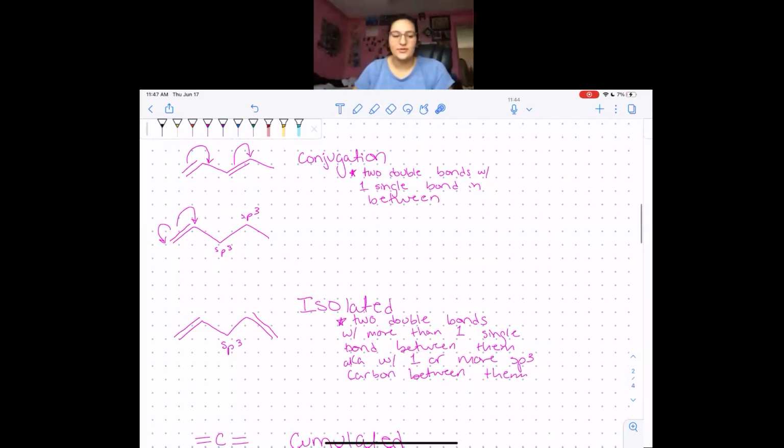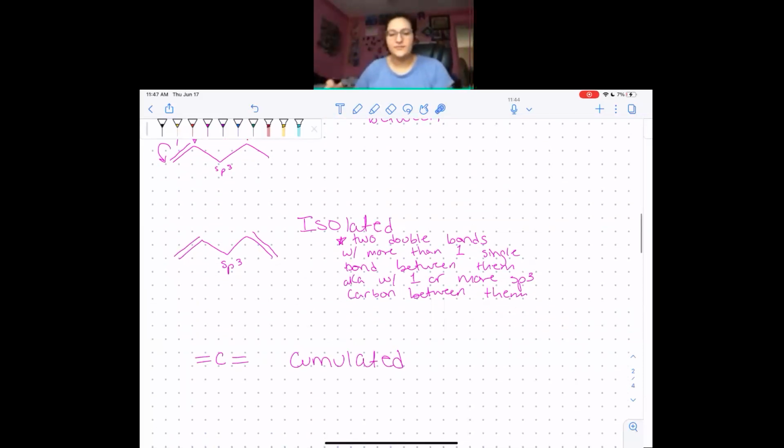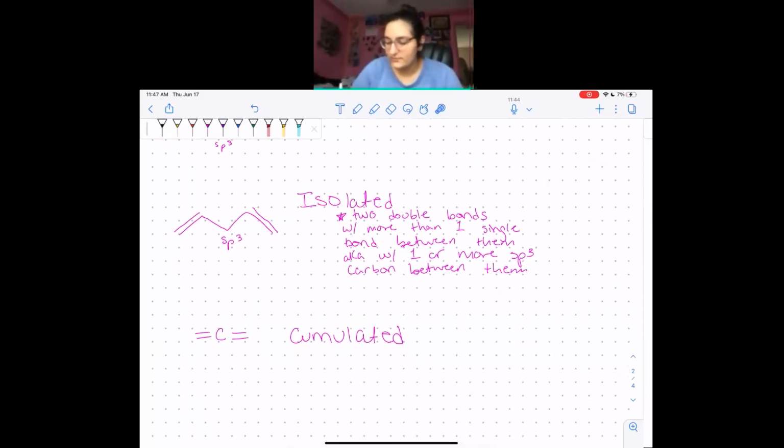I just wanted to show you like what the difference is between one double bond and two double bonds in different orientations, if that makes sense. Okay, cool. So cumulated double bonds are when we have two double bonds on the same carbon.